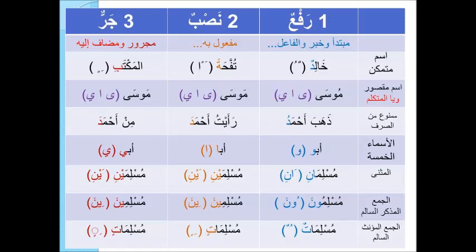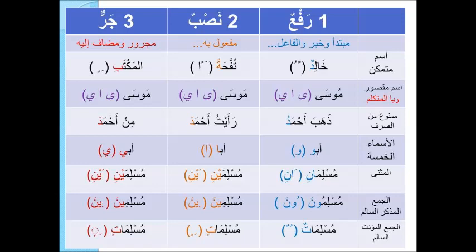The five nouns which are reflected with the letters waw in the state of rafa', alif in the state of nasab, and ya in the state of jar. The muthanna, which is reflected with an alif in the state of rafa' and ya in the state of nasab and jar.